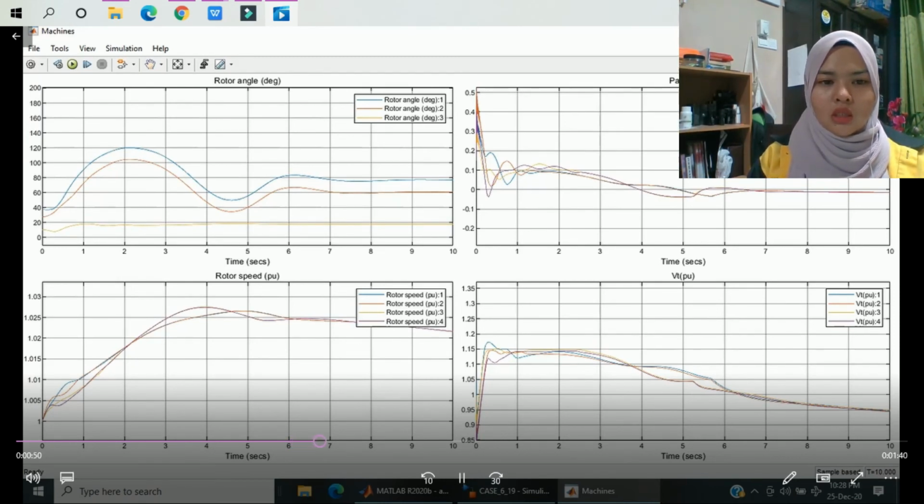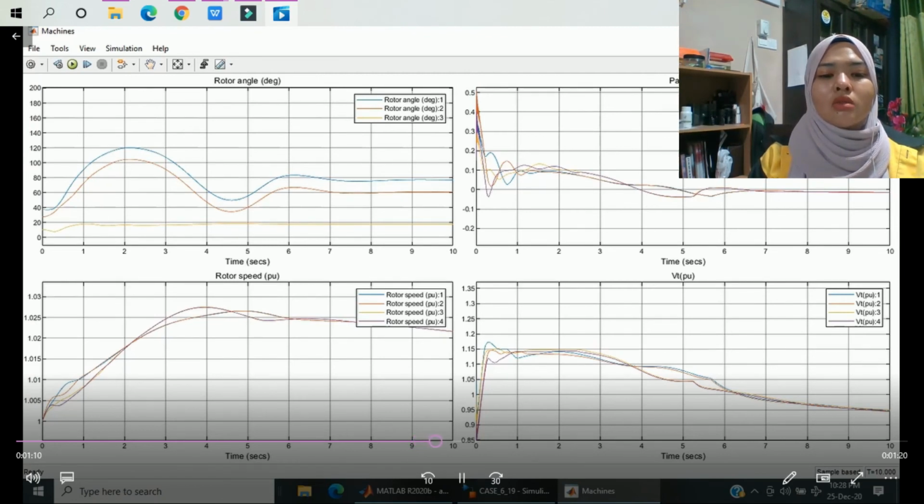At the first graph, the first and second generators seem stable, really stable at second 6, and the third generator is stable.